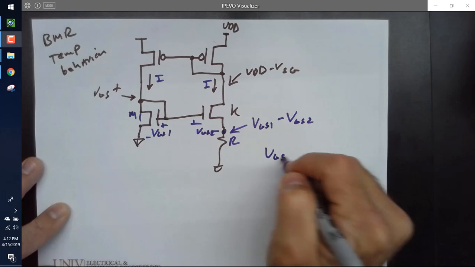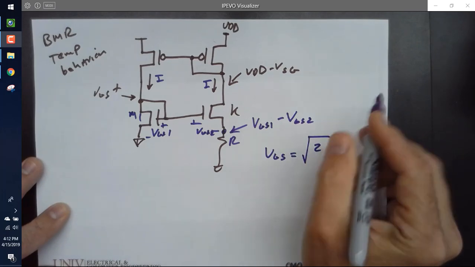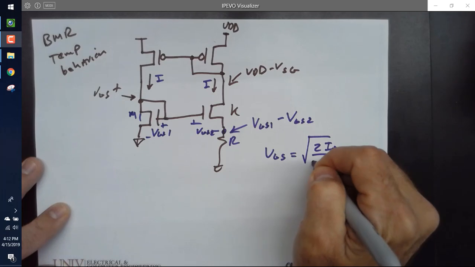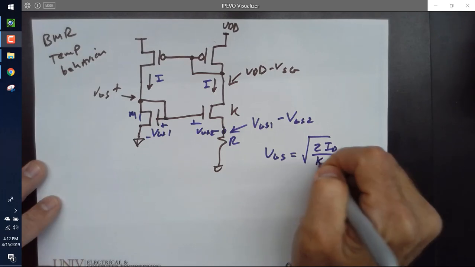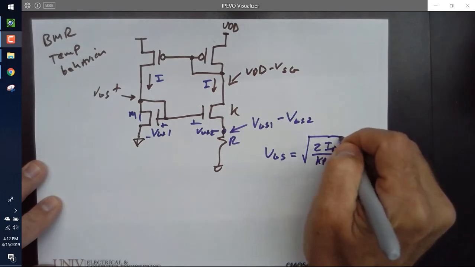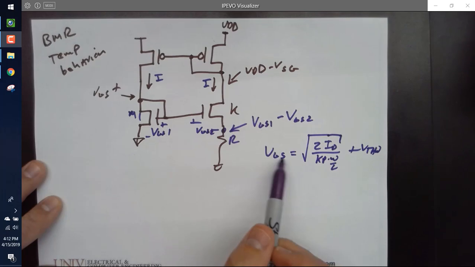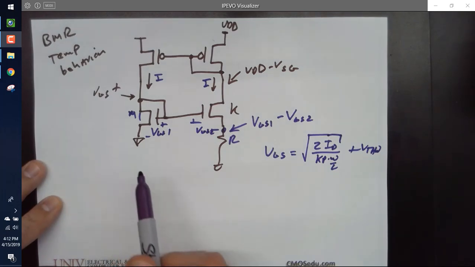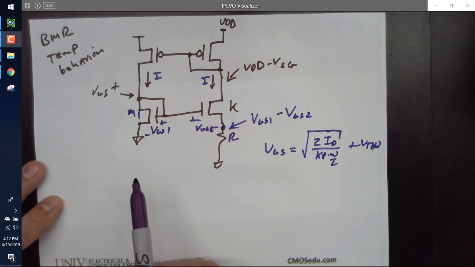And then isn't VGS equal to the square root of 2 ID divided by, I'll just write beta, but I'll write it as Kp times W over L, plus V threshold N. And the key takeaway is, when you use this right here, what happens to the threshold voltages? They go away.